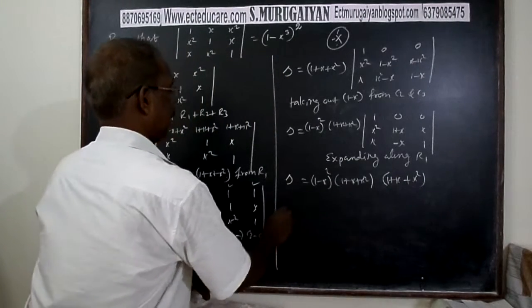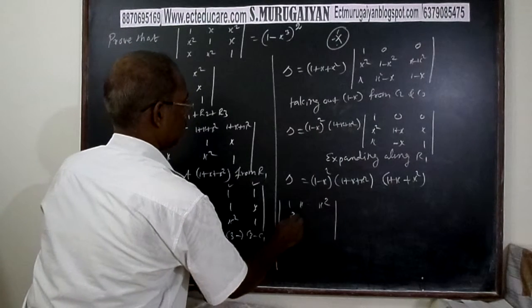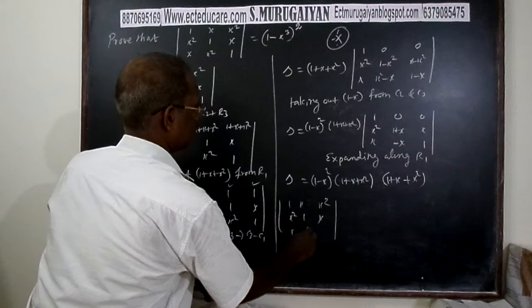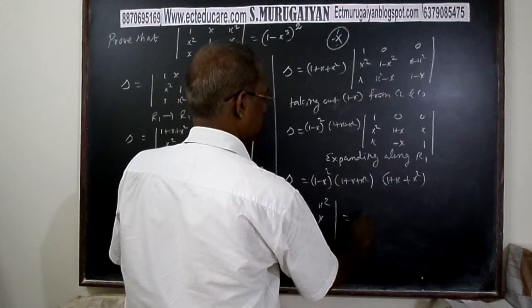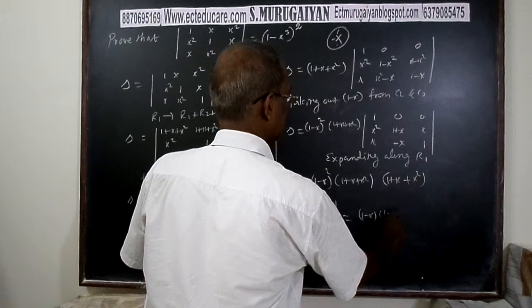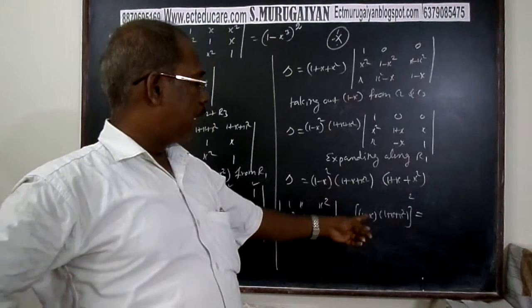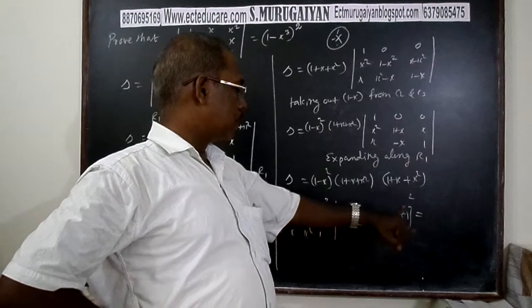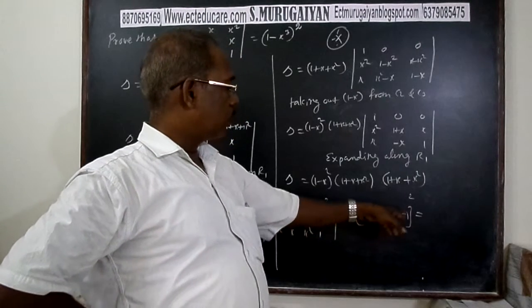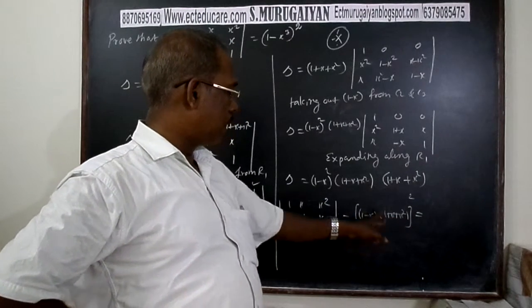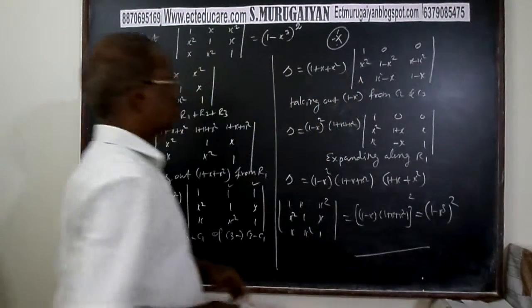So the delta is the given determinant, 1 minus x into (1 plus x plus x square), 1 minus x into (1 plus x plus x square), the whole square. Using the identity (a minus b)(a square plus ab plus b square), the same way (1 minus x)(1 plus x plus x square), a cube minus b cube, that is 1 cube minus x cube. So this is (1 minus x cube) the whole square, hence the proof.